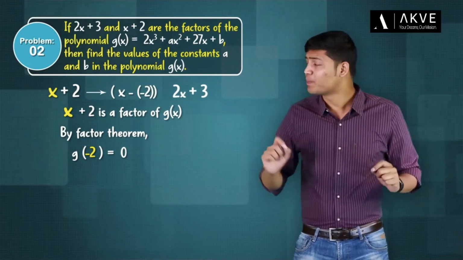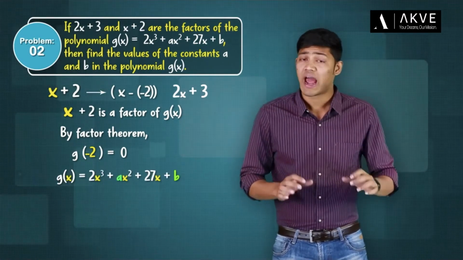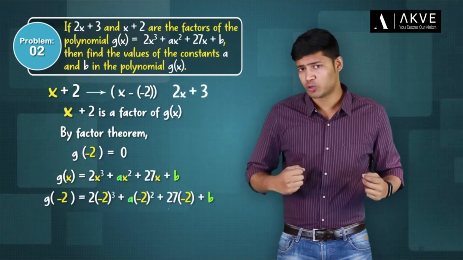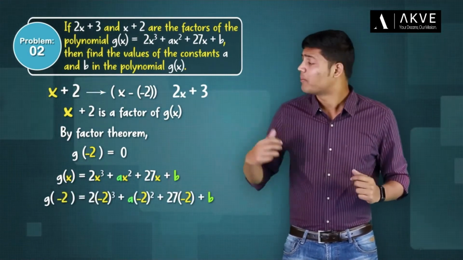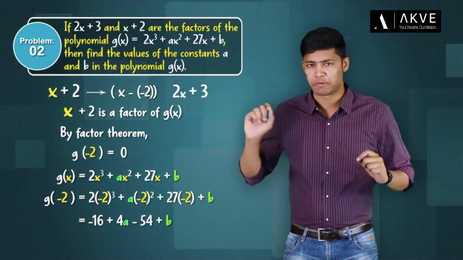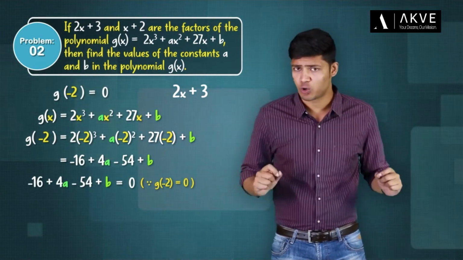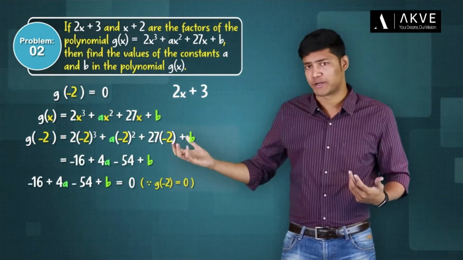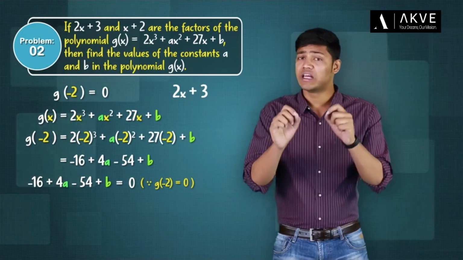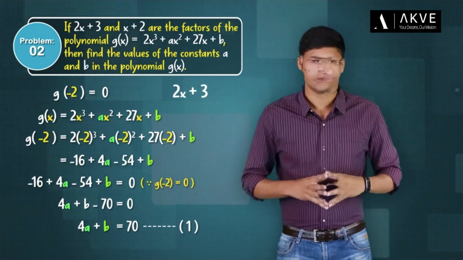If we substitute minus 2 in place of x in the polynomial g of x and find g of minus 2, we will get it as minus 16 plus 4a minus 54 plus b. Since g of minus 2 must be equal to 0, we will equate this expression to 0 and finally we will get 4a plus b equals 70.